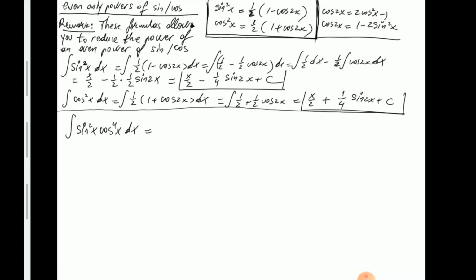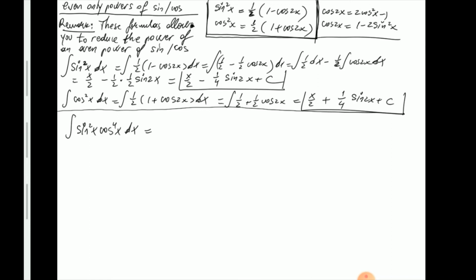And I should say that before I continue, sometimes there are different ways to go about it, because there are yet other formulas, but I don't want to get too deeply into this. Again, remember, if you're faced with even powers, the idea is to reduce these powers via these formulas primarily, the ones that I just mentioned on the top of the page, to reduce the power.